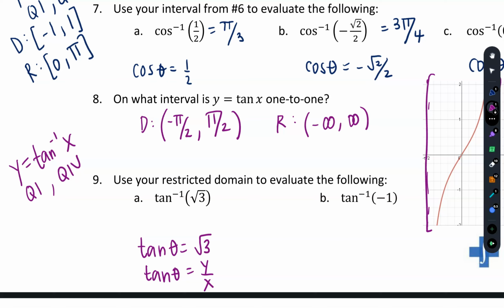So where is tangent a positive square root of 3? What value? Pi over 6.